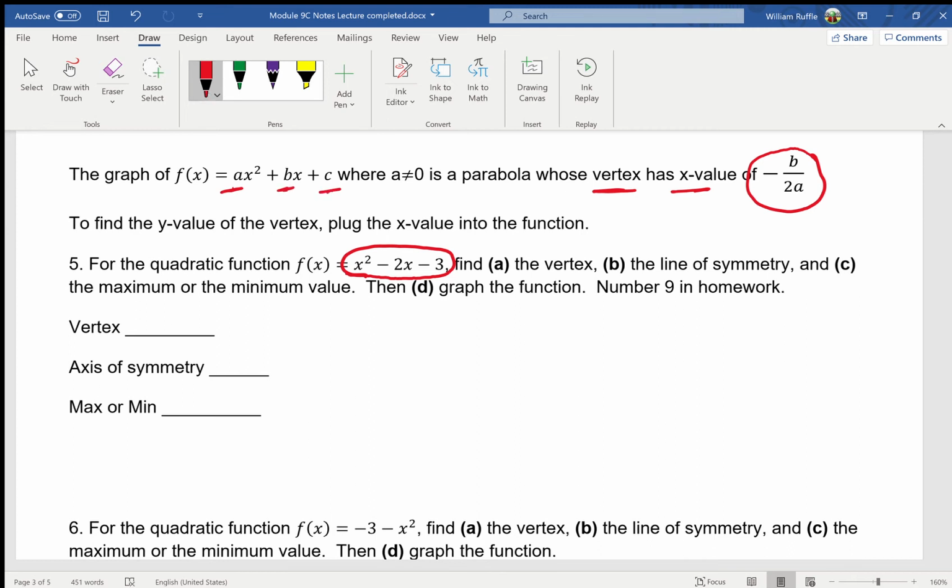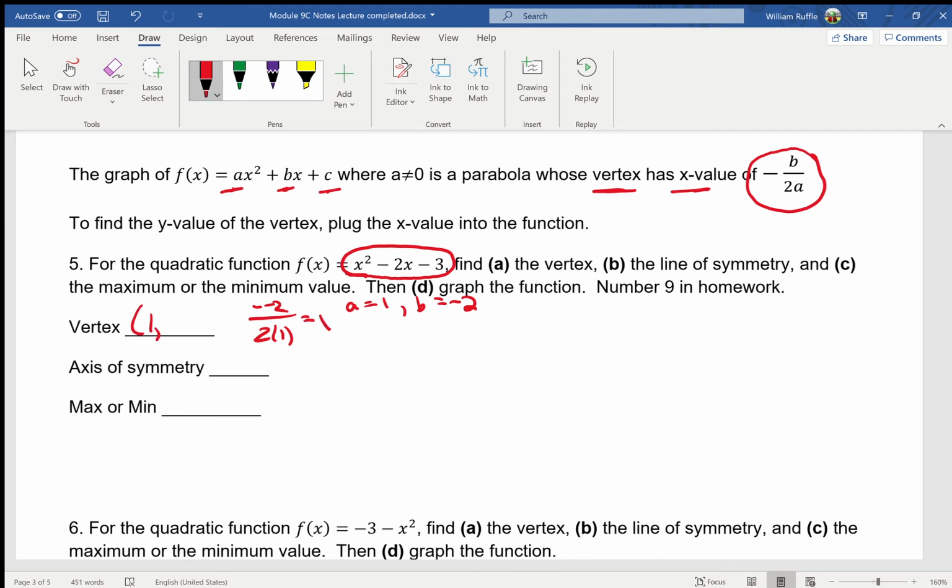So if it's negative b over 2a, a equals 1, and b equals negative 2. So I have negative negative 2 over 2 times 1. Now that says positive 2 over positive 2, so that's 1. The vertex is x equals 1.